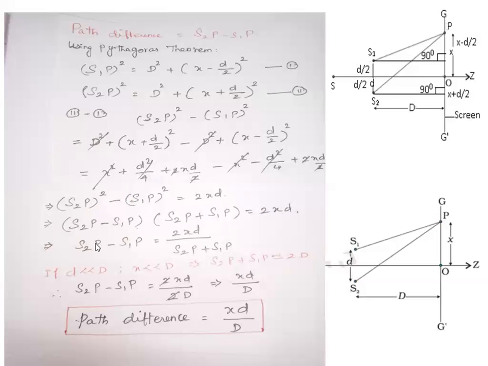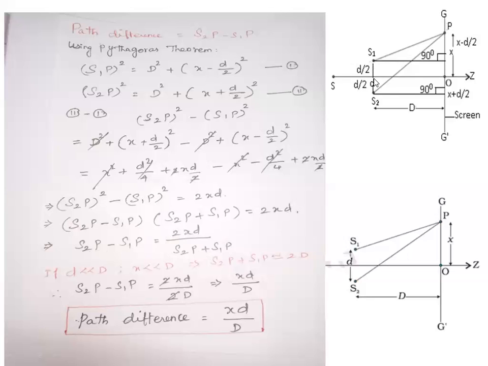And we are keeping s2p minus s1p, the path difference, here, because it is a squared value and we want to remove the square. So we will keep the s2p minus s1p value equal to 2xd divided by the total value of s2p plus s1p.